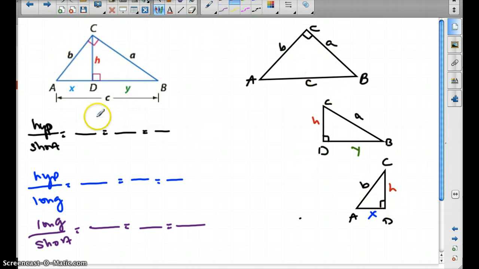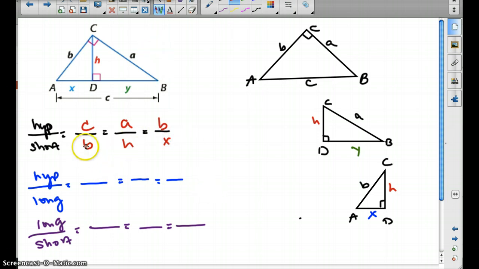So the hypotenuse of the big triangle to the short leg is B. So C over B. And then here we have the hypotenuse, A over the short leg, which is H. And then we have this one here, the hypotenuse, which is B over X.